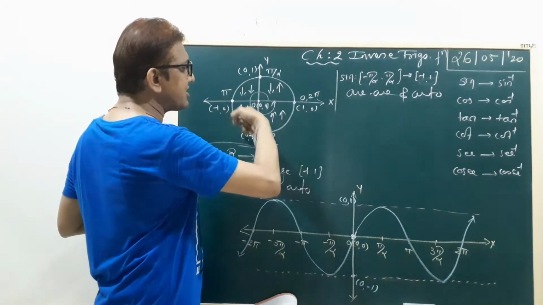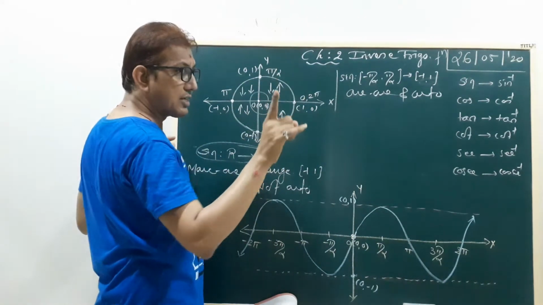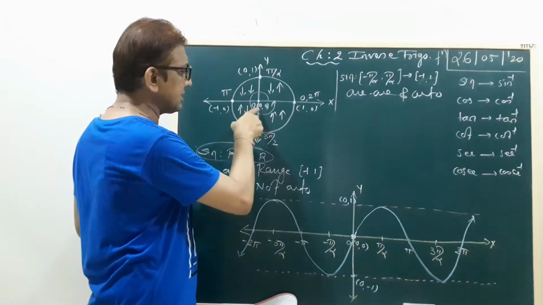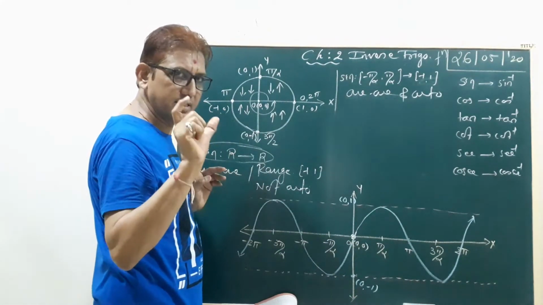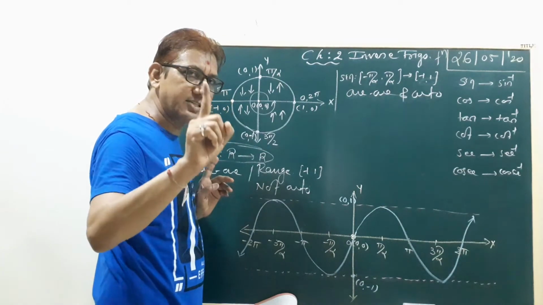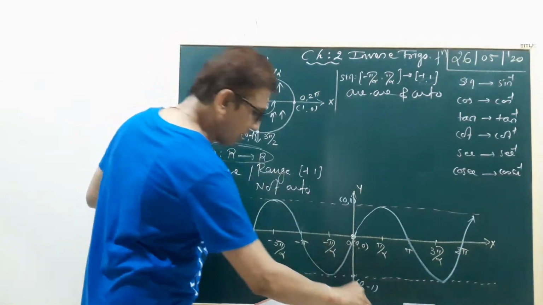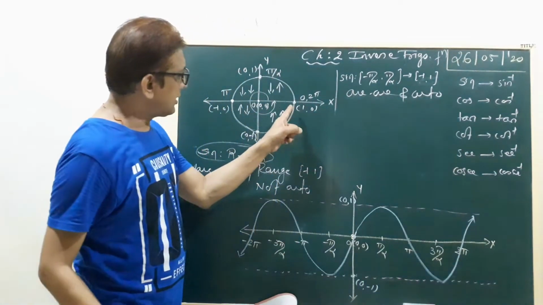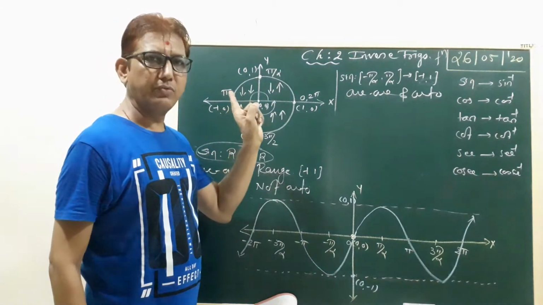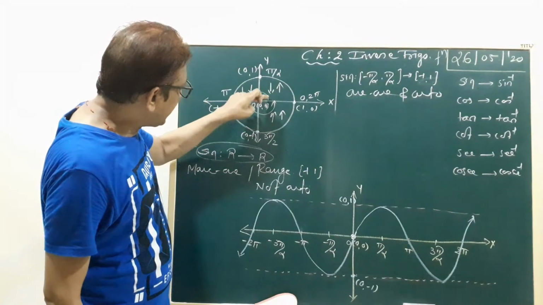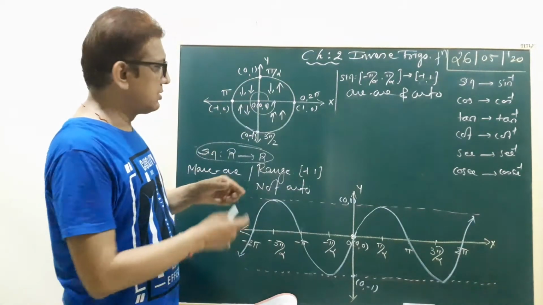This is our unit circle. Unit circle means the center is 0, 0 and the radius is 1 unit. Right? Okay. Here we rotate anti-clockwise.